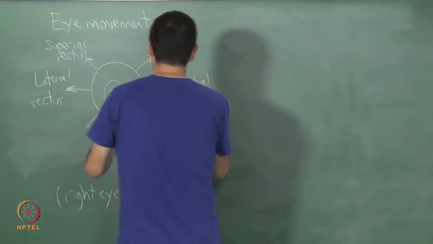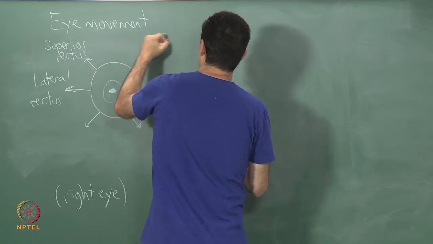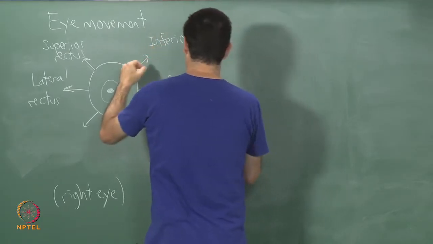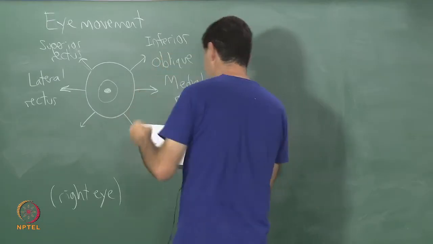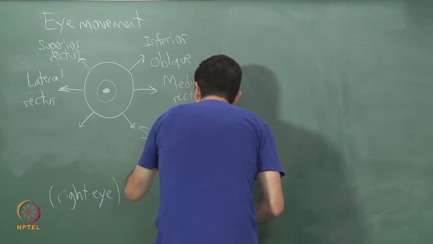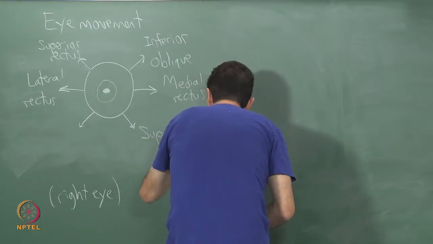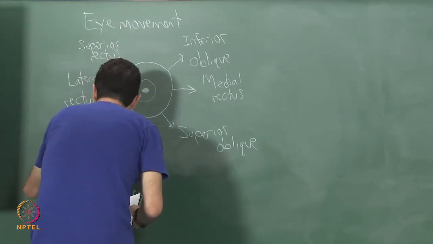It starts to look like an anatomy class and we're not going to have to worry about too many Latin names, but inferior oblique. Down here is superior oblique. And down here is inferior rectus.